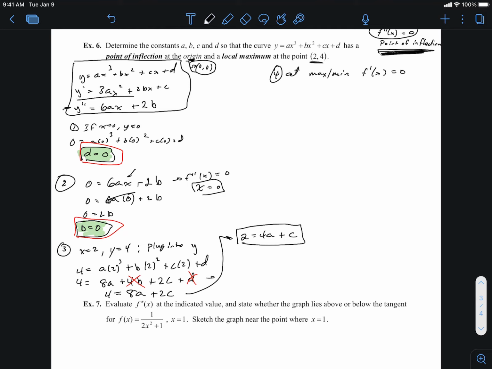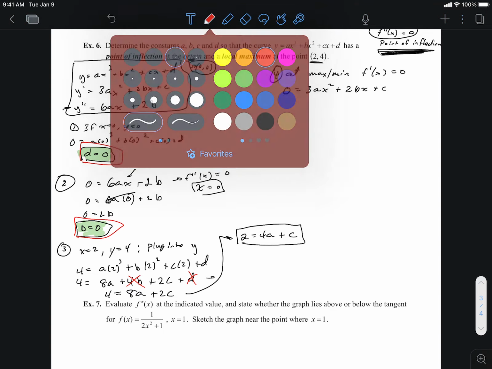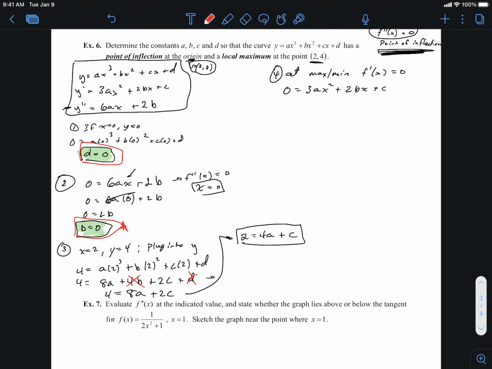Okay, so we can use this. We're going to use this equation, our slope equation, to solve this now. We're going to say, okay, well, that's great. We know that y prime is going to equal 0. Okay, so 0 equals 3ax squared plus 2bx plus c. Now, for the same reasoning as we apply down here, we know that b is equal to 0.